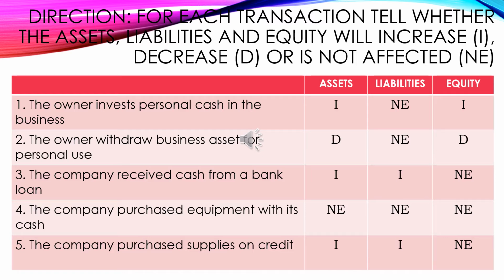There are also transactions wherein, as you can see, number 4, only the assets were affected for a certain transaction, but the amount of increase in asset has a corresponding decrease in asset of the same amount for the accounting equation to remain equal, or assets will always remain equal to liabilities plus equity.